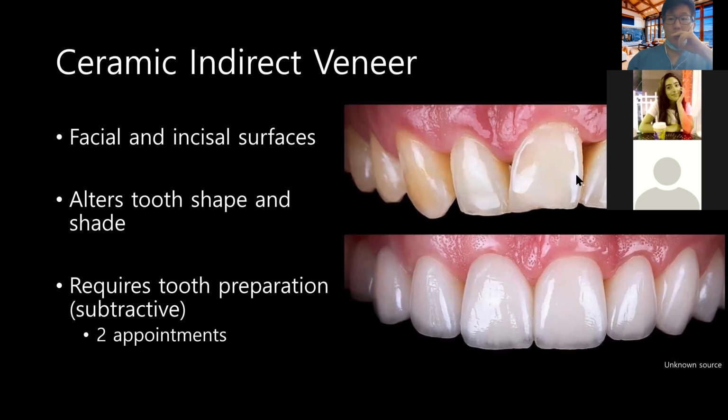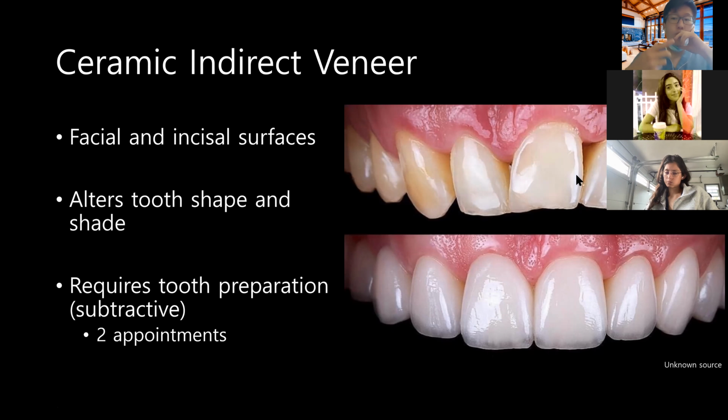So here, let me talk about ceramic indirect veneers in a little more detail. So as I said before, a veneer is a partial coverage indirect restoration that covers the facial and incisal surface. And it will alter the tooth shape and also the shade, the color. But in order to do this, because it is an indirect restoration, you have to reduce the tooth to create some room for the ceramic, okay?